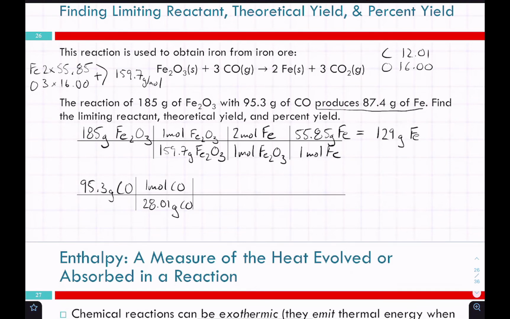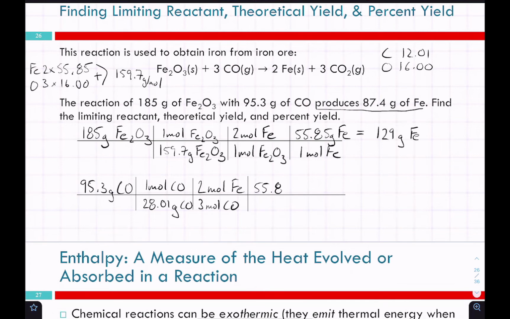And then we'll use our molar ratio, this time from carbon monoxide to iron. So it's 3 moles carbon monoxide, oops, not 2, to 2 moles of iron. And then we'll just calculate how many grams of iron.